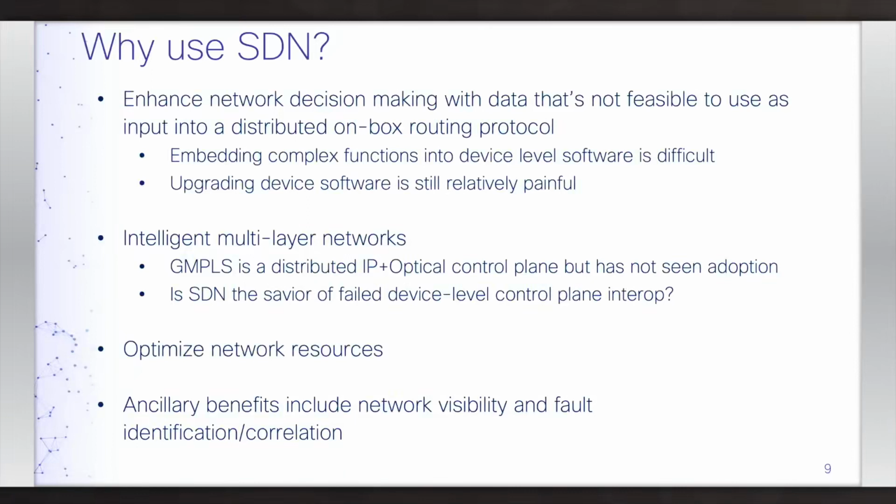There's a lot of ancillary benefits in things like network visibility, and that's mostly due to the amount of data that I'm getting from the network. The applications that the SDN controller runs really allow me to analyze and inspect that data and get more out of the network. Like I said, if nothing else, it's going to enhance visibility by doing a lot of data collection for the network itself.